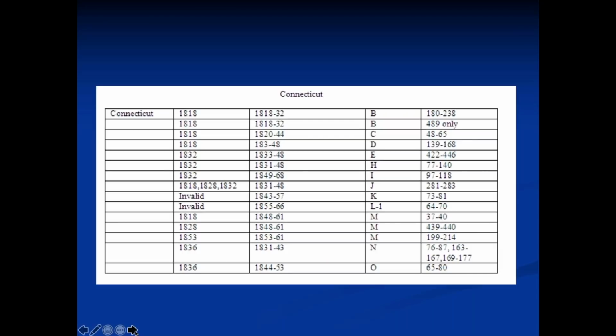Each one of these is by state. So within the roll, there are states. Here we see Connecticut. This is the pension agency of Connecticut. It doesn't tell us at this point where the actual pension agency office is. Pension agency offices tended to be in banks because banks had vaults.